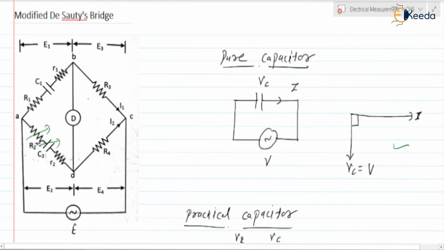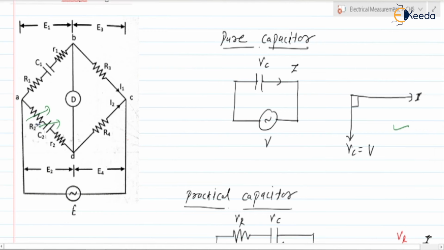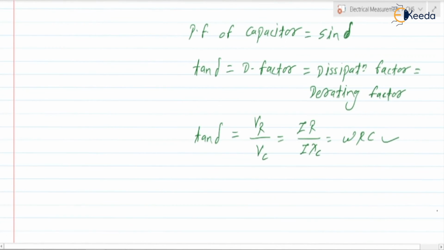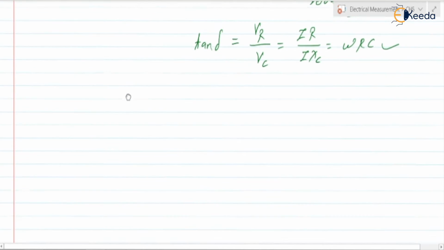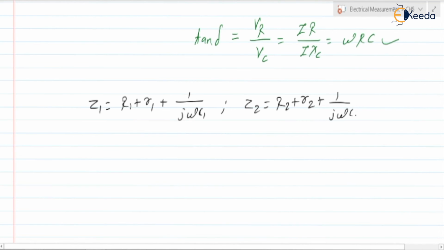Now for the bridge we can write Z1 is equal to R1 plus 1 upon j omega C1. Next we can write Z2 is equal to R2 plus 1 upon j omega C2.